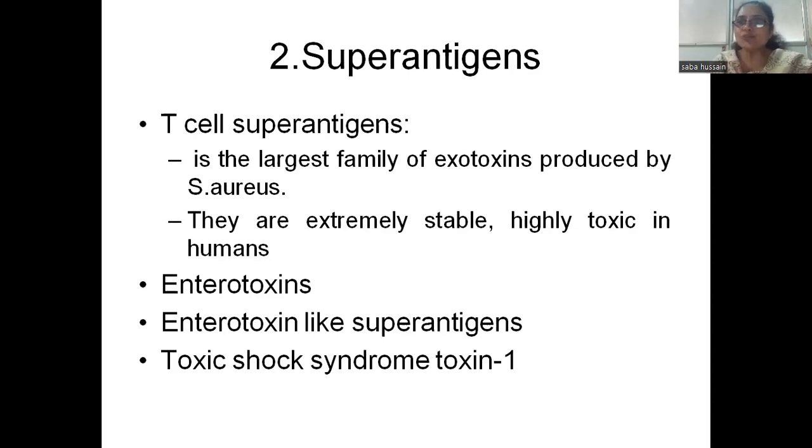One is T cell superantigens, second is enterotoxins, third is enterotoxin-like superantigens, and fourth is toxic shock syndrome toxin 1. So if it is asked how many types of superantigens are present in Staphylococcus aureus, you can name all these four.